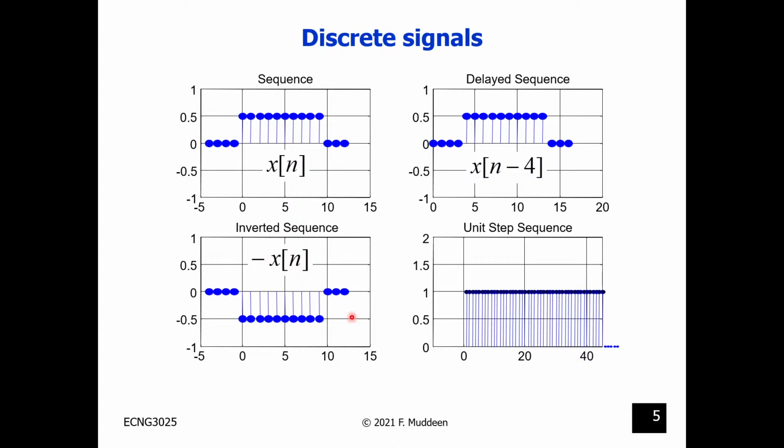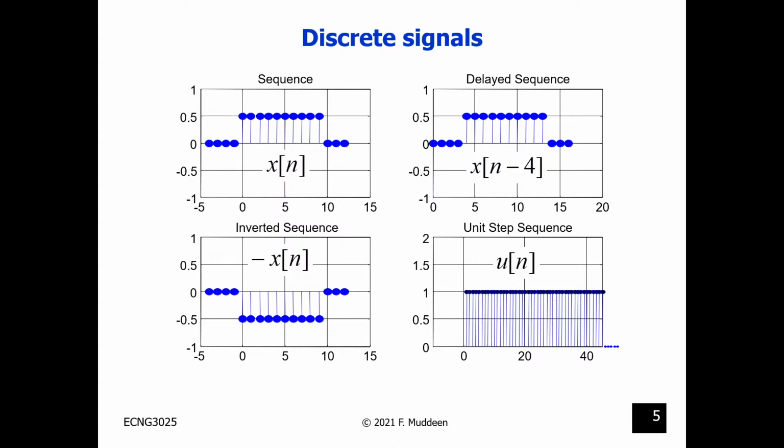And a unit step sequence, instead of being u of t, which we know for continuous time, is going to be u of n instead. The reason why we use the n index here is because in discretized time, the periodic time, which represents our sampling time, is going to be capital T, which tends to be a constant value, and the n index here represents the instance at which that sample occurs.